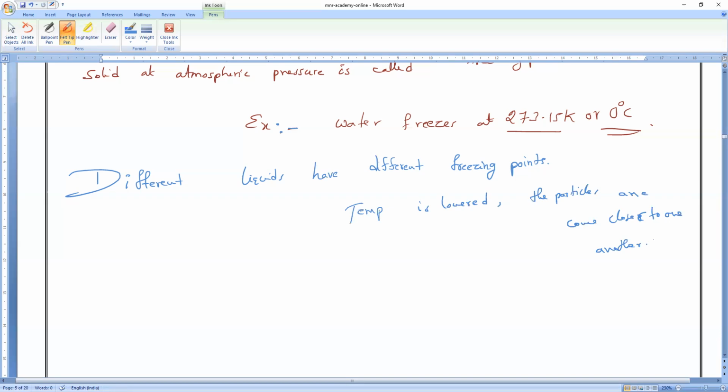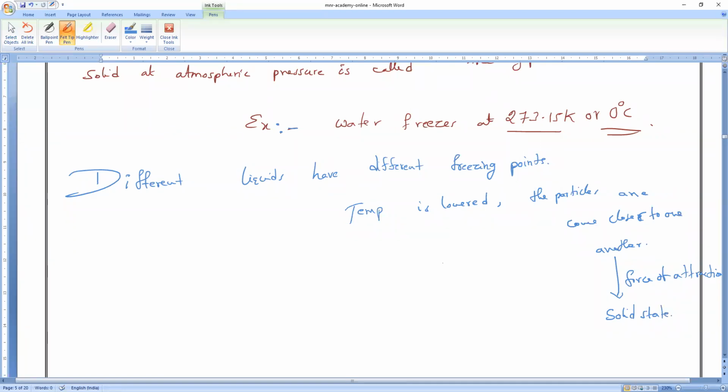So the force of attraction increases. The particles start packing very closely, and ultimately they convert into what state? Solid state. That is the reason.